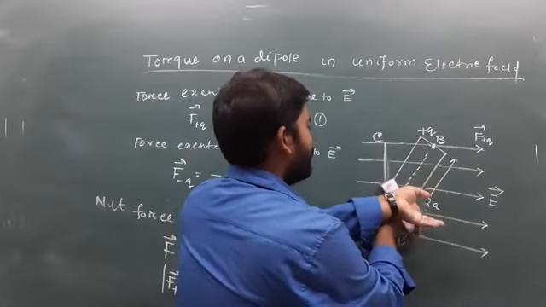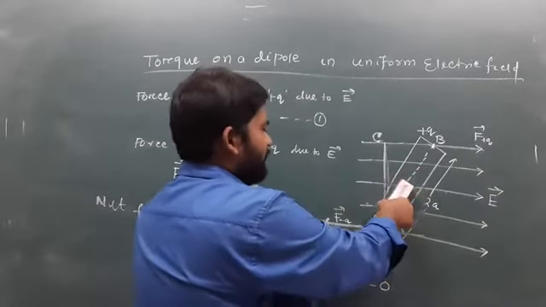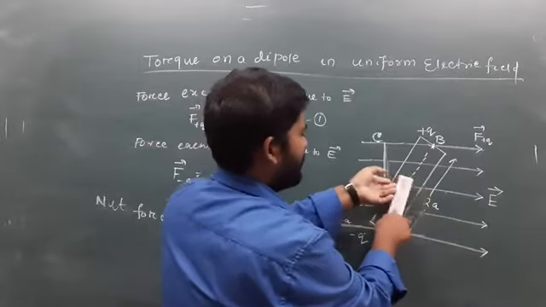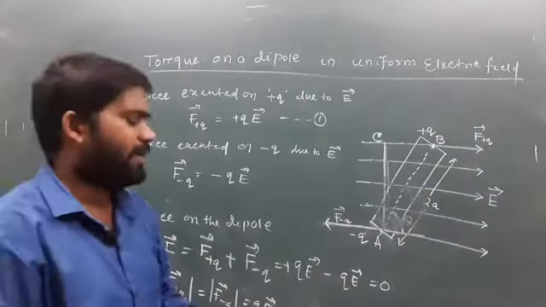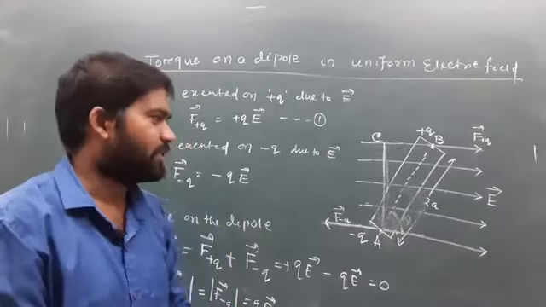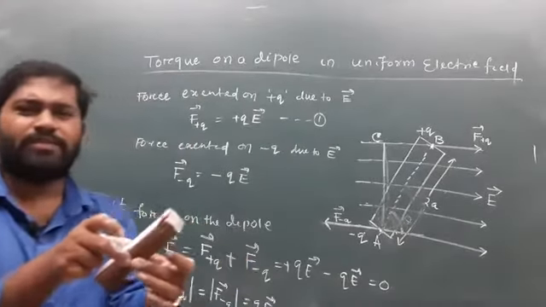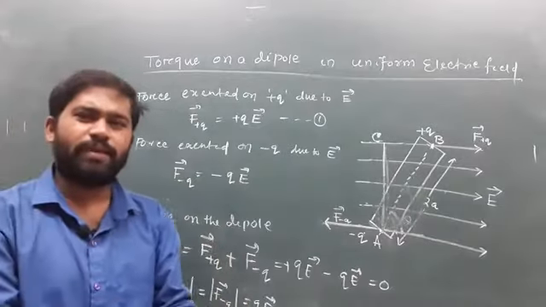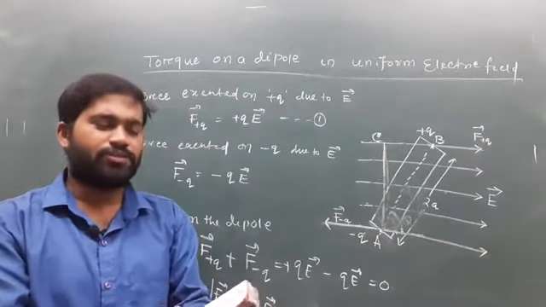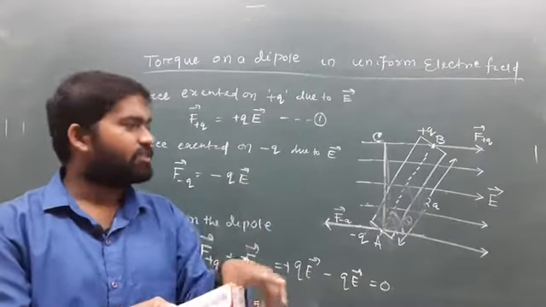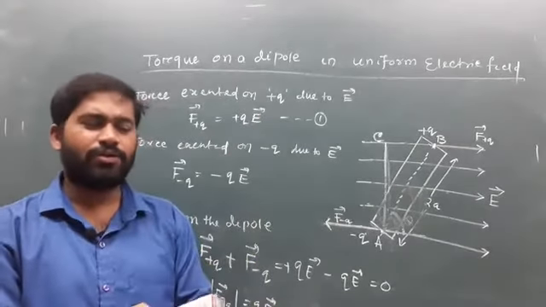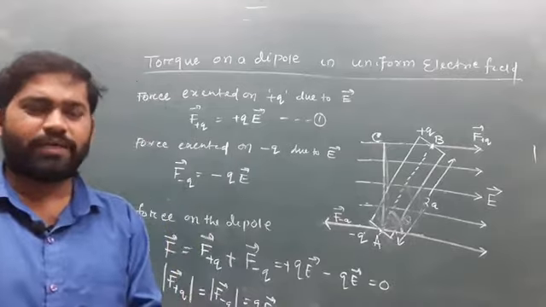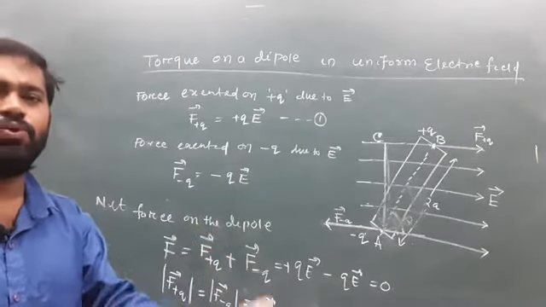Again the force direction changes. When the dipole makes one orientation, again the electric field direction changes and again the dipole starts rotating. So when we place the dipole in a uniform electric field, it experiences forces which have a different line of action, so they constitute torque, and the dipole starts rotating.